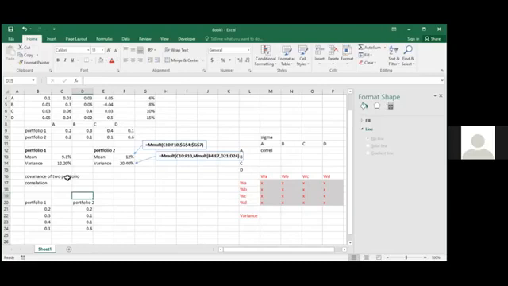Now we have already calculated 4 values here: the mean value of portfolio 1, the mean value of portfolio 2, the variance of portfolio 1, and the variance of portfolio 2. Now we have to calculate the covariance of the portfolio.